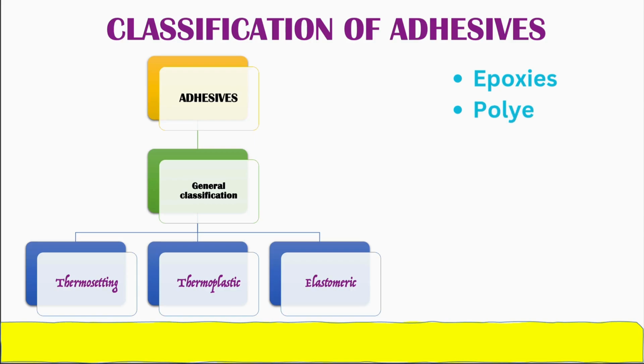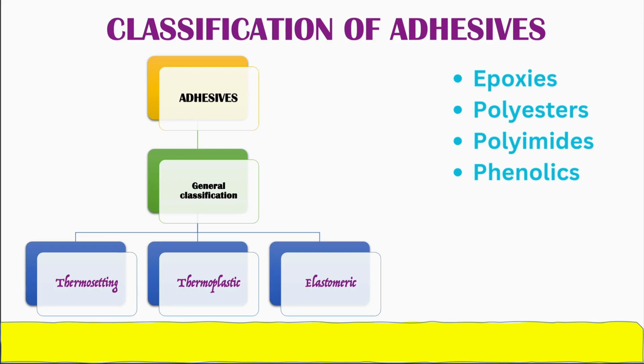Most commonly used thermosetting adhesives are the epoxies, the polyesters, the polyimides, and the phenolics. Next are the thermoplastic adhesives. Like thermoplastic polymers, these adhesives do not have any cross-linking. So no new cross-link formation is there in these types of adhesives, and no chemical curing.